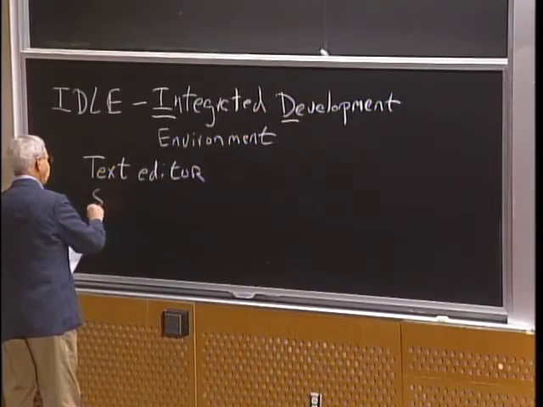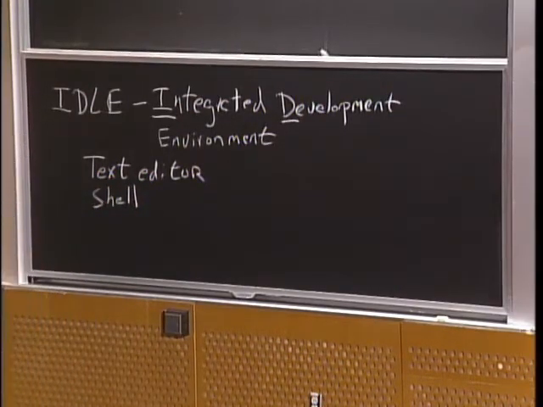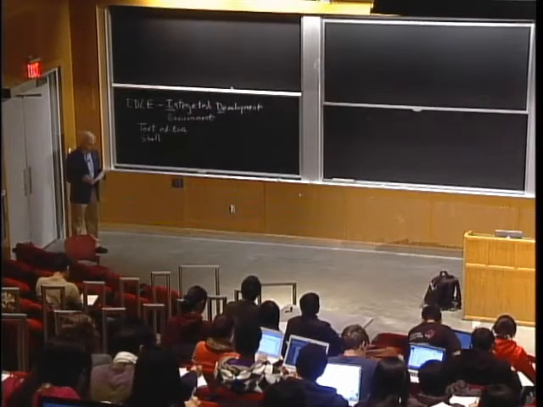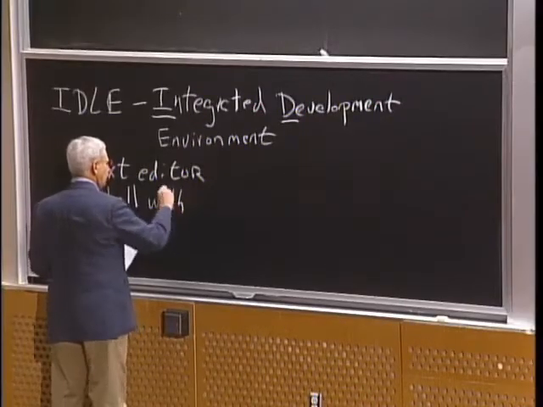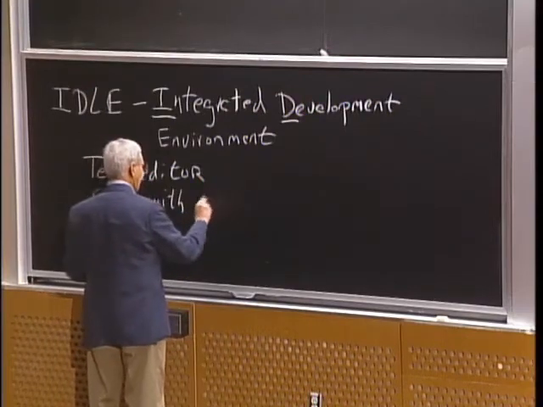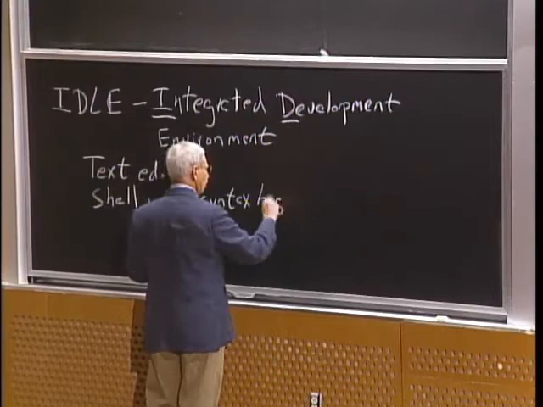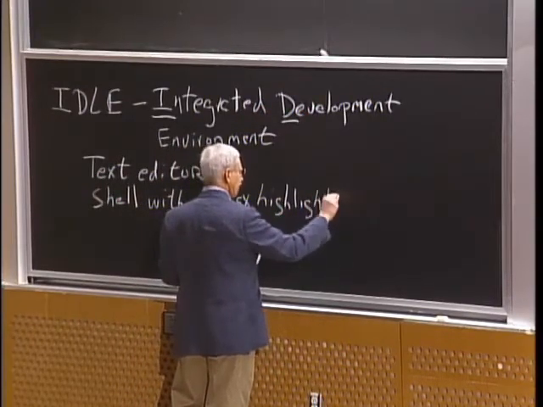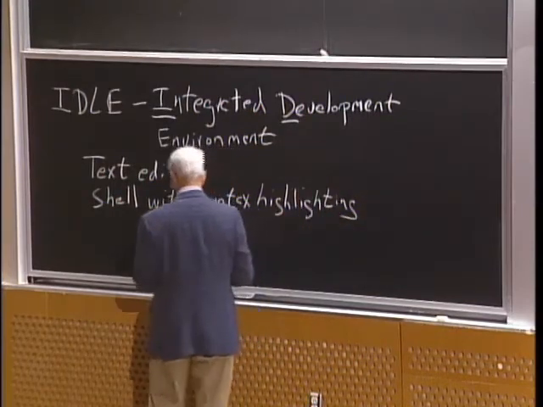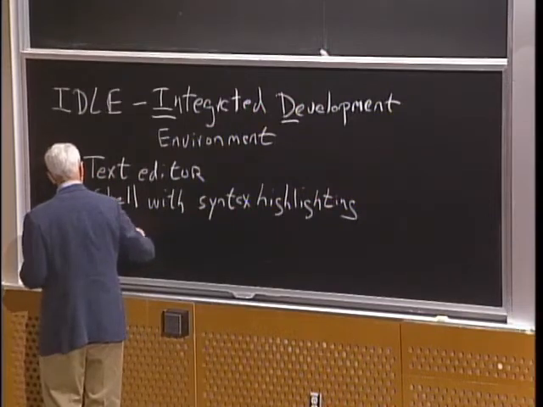It includes something called a shell, which is the environment that actually interprets the Python code. And the nice thing about it is it includes syntax highlighting. So the shell gives you some information about the syntax, as does the text editor, of course. And finally, it includes an integrated debugger.